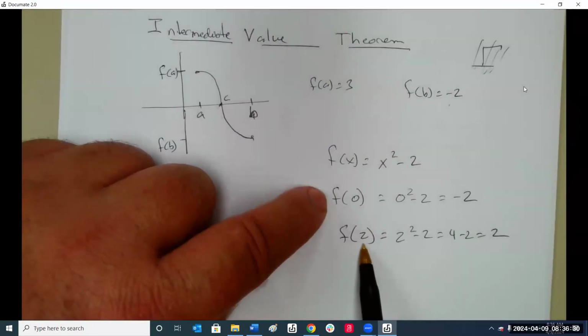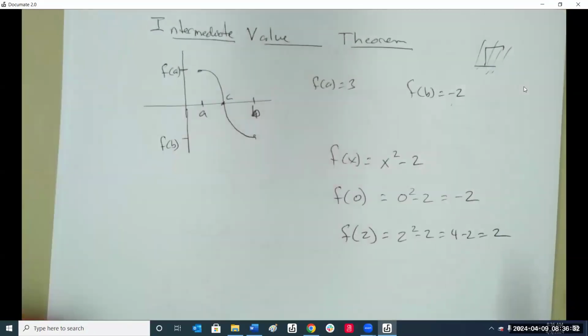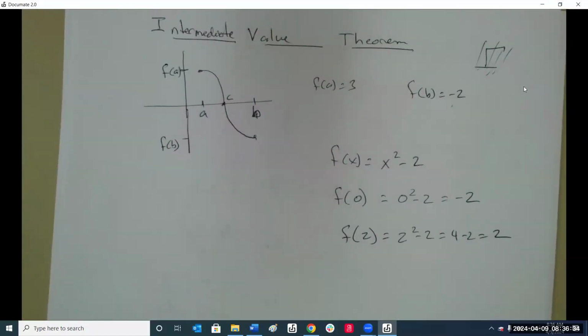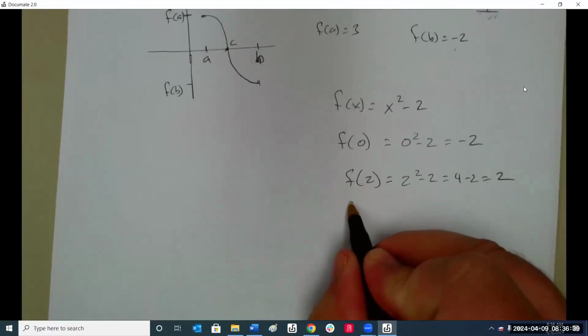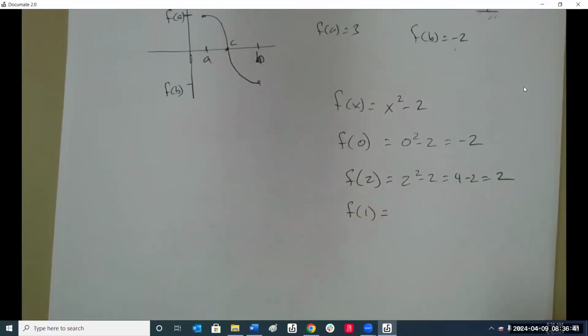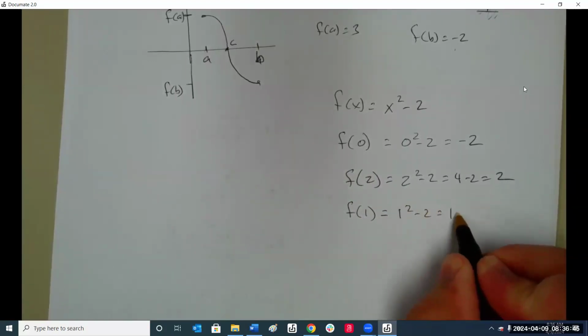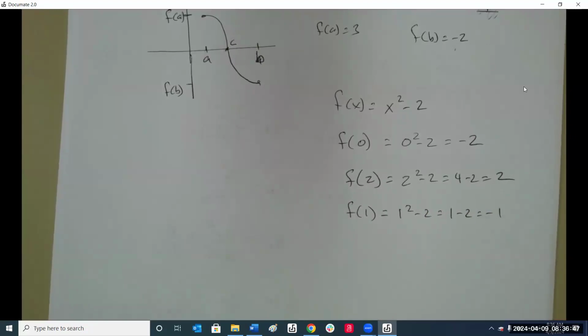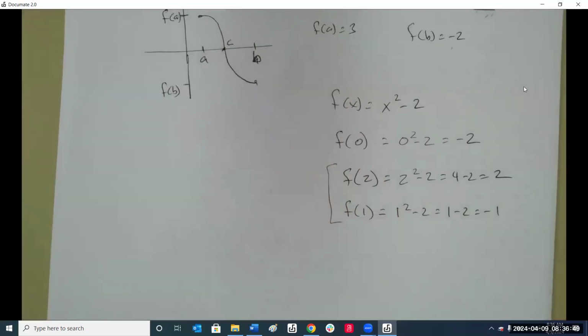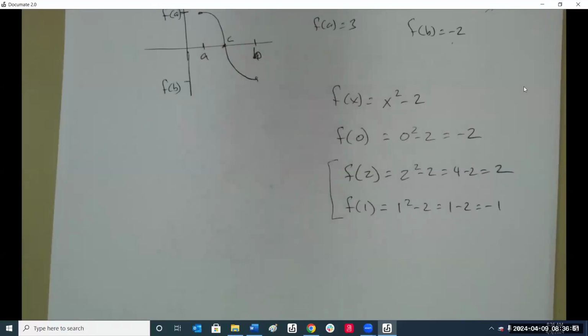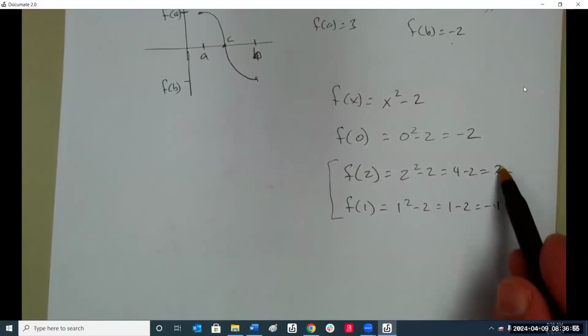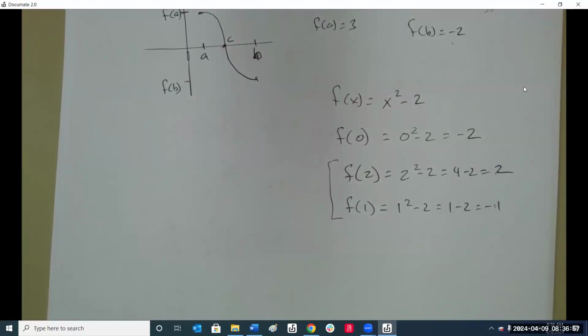We know that between 0 and 2, it's got to cross the x-axis. So let's narrow it down even further. Let's try f of 1. We have 1 squared minus 2. So now we know between 1 and 2, since they're opposite signs, there has to be a value between there.